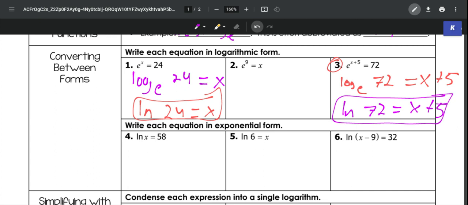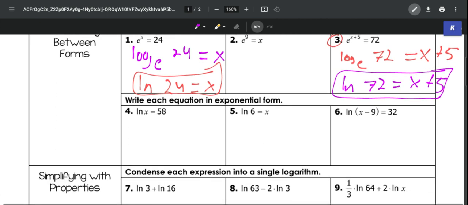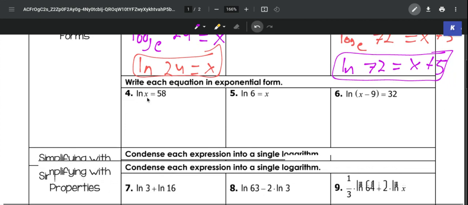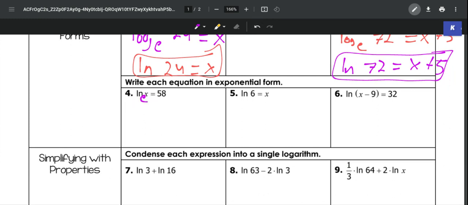So these are pretty easy. All you've really got to do is remember that if you have a logarithm with a base e, you just rewrite it as the natural log, which is just ln. And we can also go in the opposite direction. So what I would suggest you do on these, if we're going to go from logarithmic to exponential, is just to remember that each of these, when we have an ln, a natural log, you could write a little e there just to show that that e is actually your base.